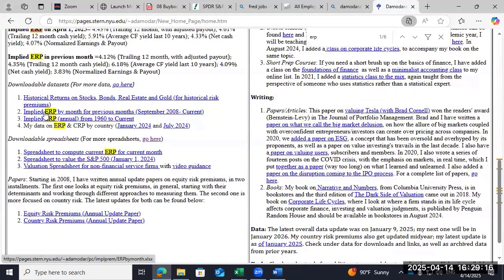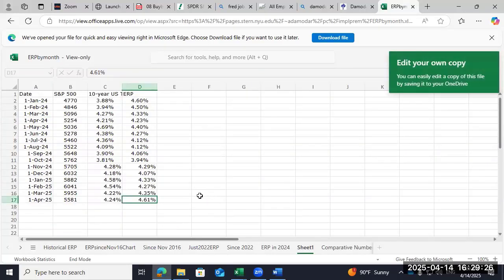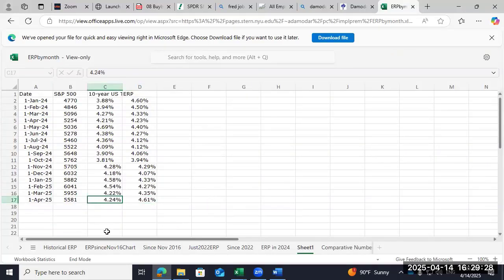Implied ERP by month for previous months, 2008 to current. So he's using 4.61. He has a 4.24 treasury, so that's a few weeks ago.